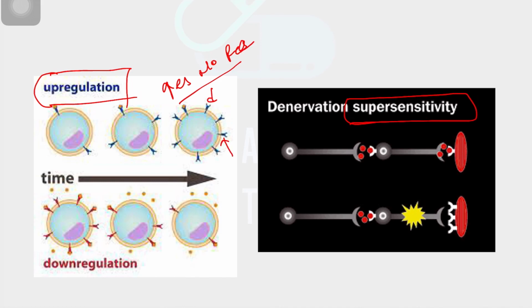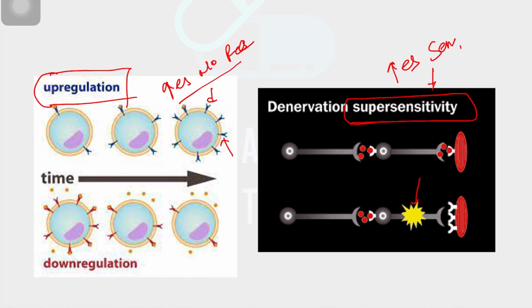What is supersensitivity? Increased sensitivity of the receptor. If the sensitivity of the receptor increases, it is called supersensitivity, and the mechanism is again kind of the same. The receptor has been deprived of agonists for a longer period of time, for example in clinical cases of nerve injury.